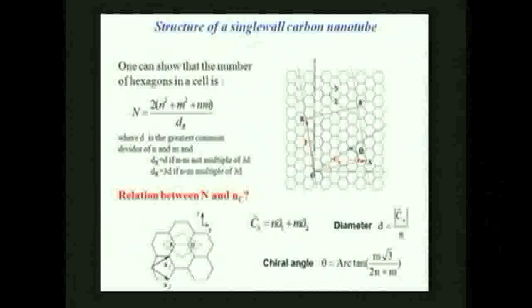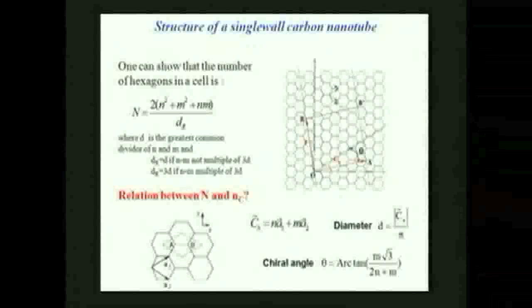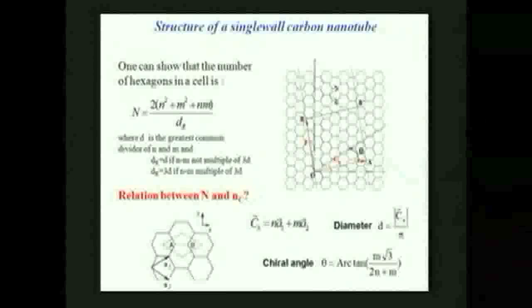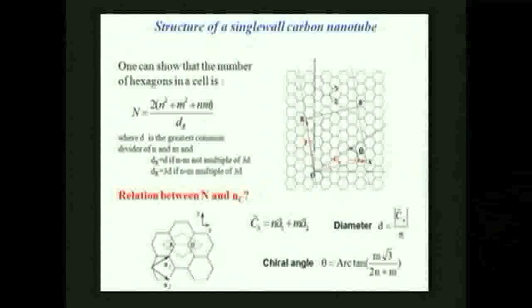I would like you to tell me how many hexagons and how many carbon atoms you have in one unit cell, defined by the a1 and a2 vectors. So how many hexagons, according to you? Who wants to answer? Maybe we can start with something easier, the number of carbon atoms. How many carbon atoms do you observe in this cell?